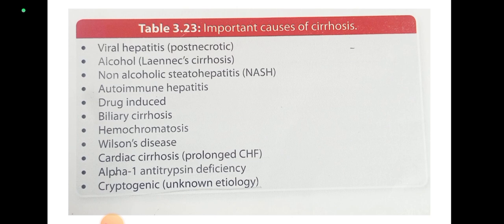Other than that, non-alcoholic steatohepatitis, also known as NASH, is also a cause. Other causes are autoimmune hepatitis, drug-induced biliary cirrhosis, hemochromatosis, Wilson's disease, cardiac cirrhosis, alpha-1 antitrypsin deficiency, and cryptogenic cirrhosis.